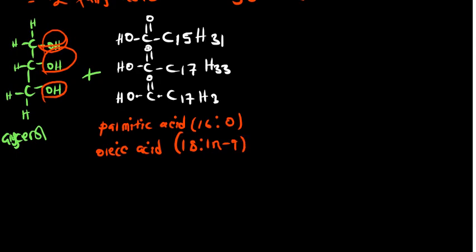Then we also have linoleic acid. For this one we have 18, then 2, meaning we have two double bonds, at 6. So this 6 just means it belongs to the group of omega fat acids.